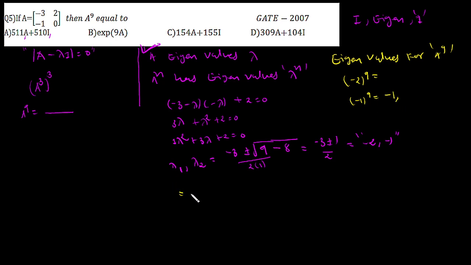So I multiply 511 with minus 1 plus 510 multiplied by 1, because here the matrix is identity. I have to replace that identity matrix with its eigenvalue, and all identity matrices have eigenvalue 1. So I simply multiply 510 with 1. If you solve this, I am getting minus 1. So yes, I am getting the eigenvalue of minus 1 for A to the 9 from option A. So option A is the correct relationship that describes A to the 9 power in this linear form.